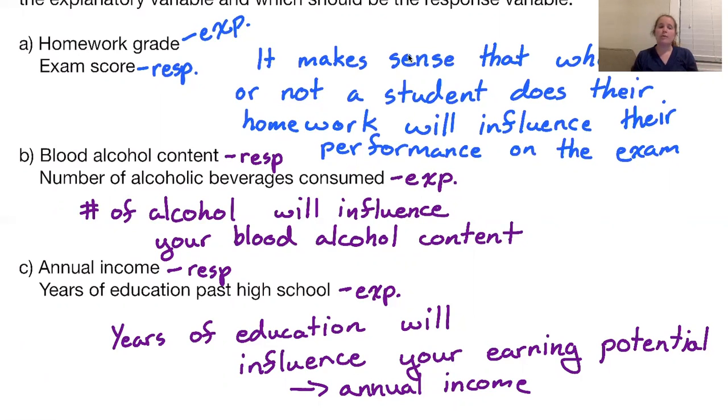So, if we were talking about your parents' annual income versus your own years of education past high school, this might be in reverse. But if we talk about just a single individual's annual income and their years of education past high school, their education will likely be a determining factor in their income. All right, so this is explanatory and response variables.